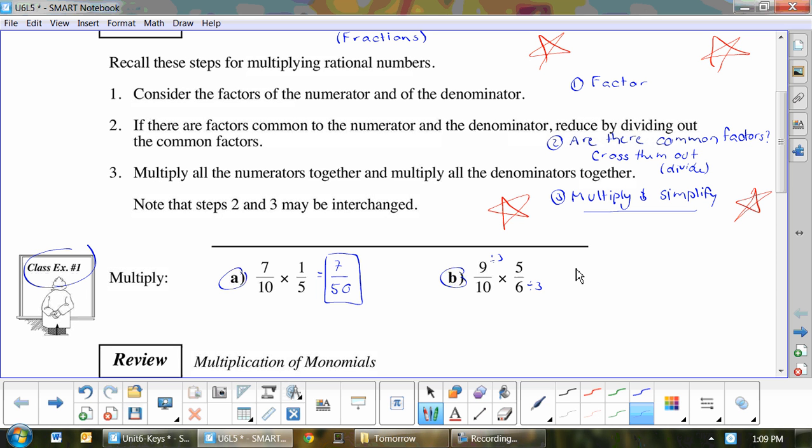So then for the 5, we know that 5 and 6 don't have a common factor, but 5 and 10 definitely do. So we know that this becomes 3 over 2 times 1 over 2.